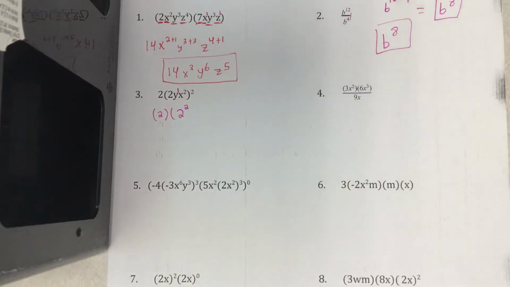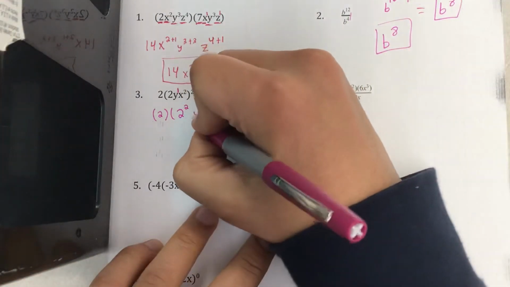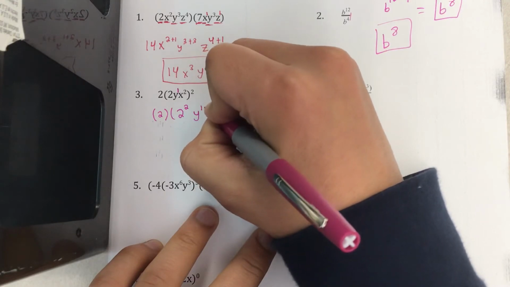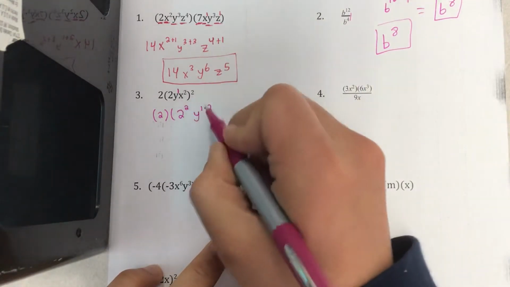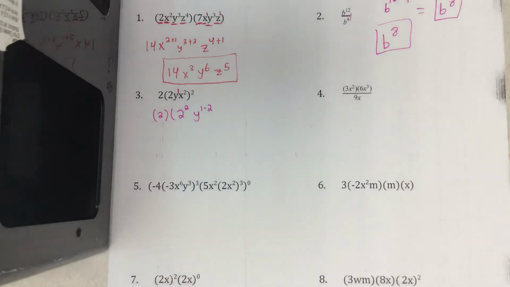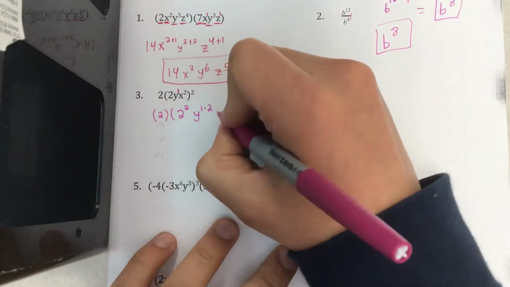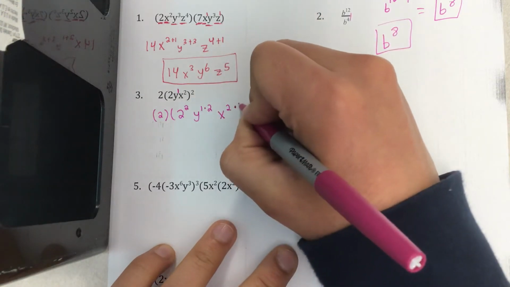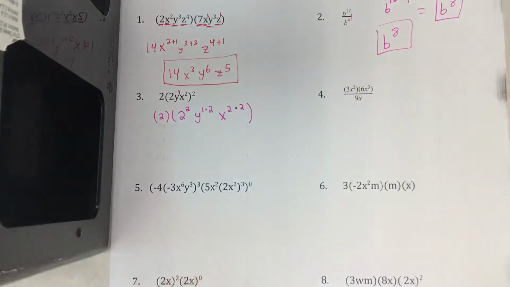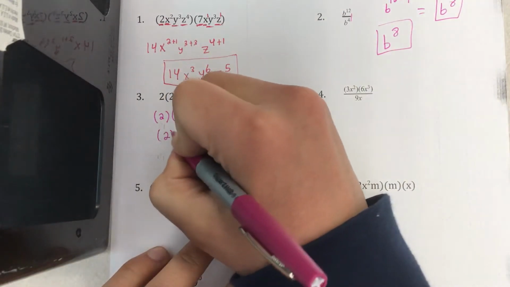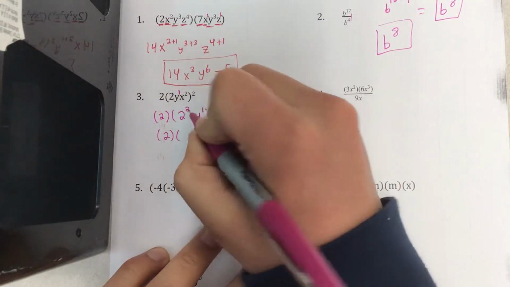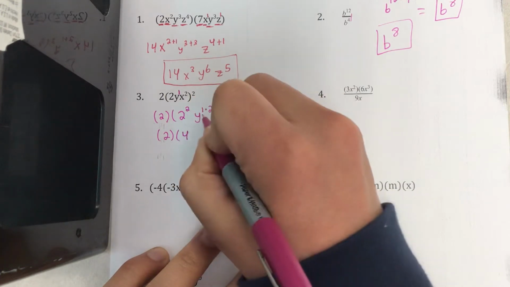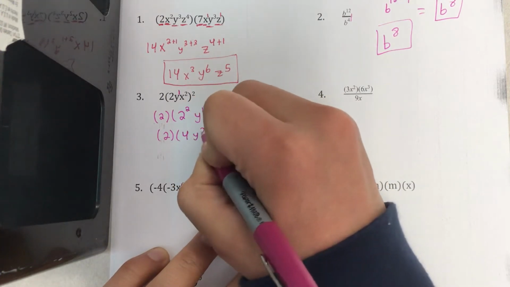So when I take an exponent and I raise it to another exponent, I'm actually multiplying those exponents. So it's actually y raised to the 1 times 2, okay? And then I do the same thing with x. So x to the second power raised to the second power, 2 times 2, okay? And then we'll work it out a little bit. So I get 2 times 2 squared, which is 4. Y, 1 times 2 is y to the second.